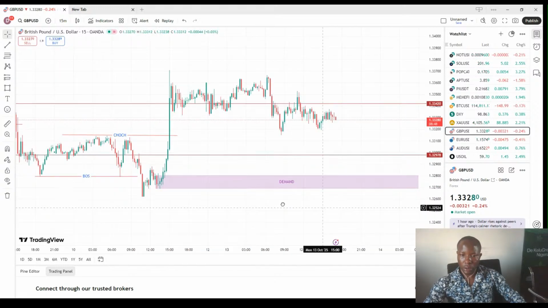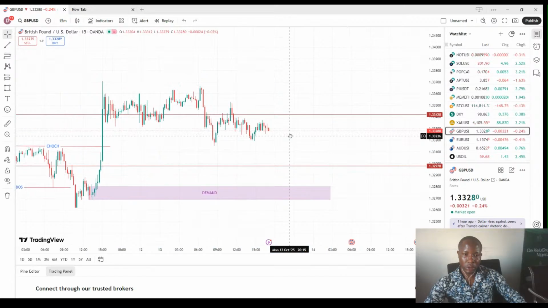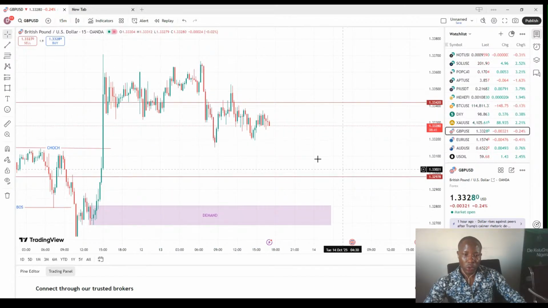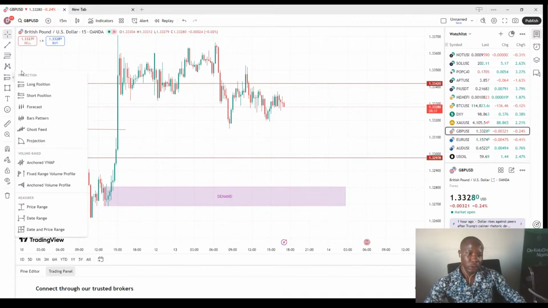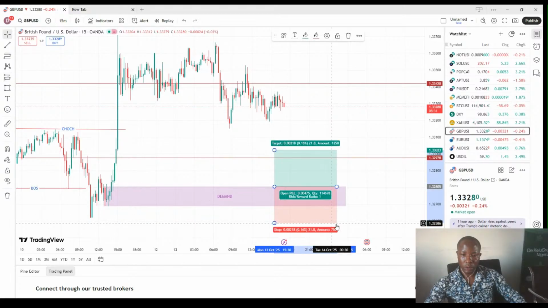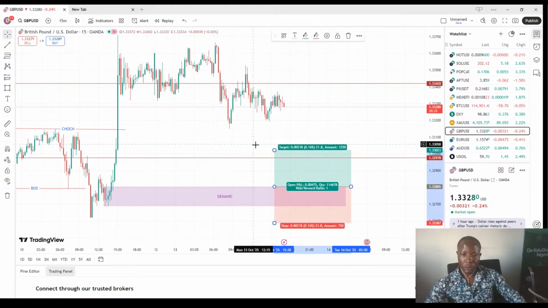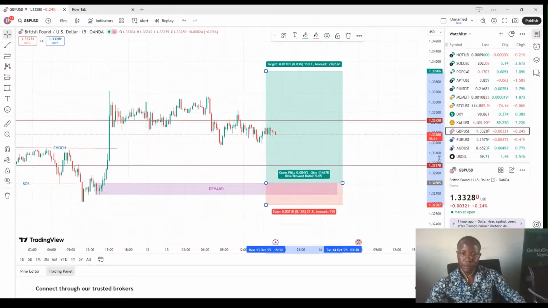So now here we get our long. The market wants to push into this resistance.